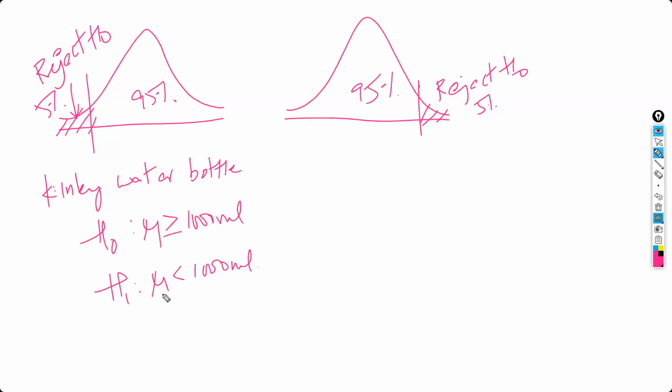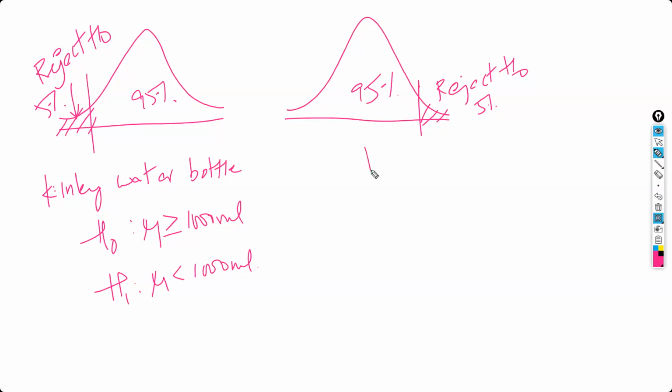We reject the null hypothesis when it is less than 1000 ml. Less than means it is a left tail test. Any value less than 1000, even 990, 995, 950, 945, between 0 and 1000, we are going to reject the null hypothesis. That rejection is on the left side, because any value less than this, we reject.